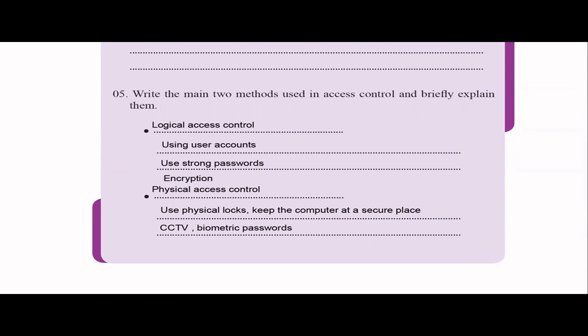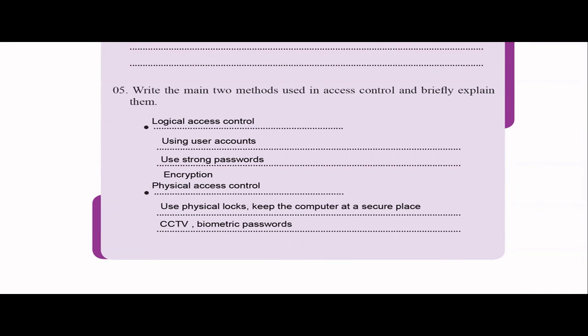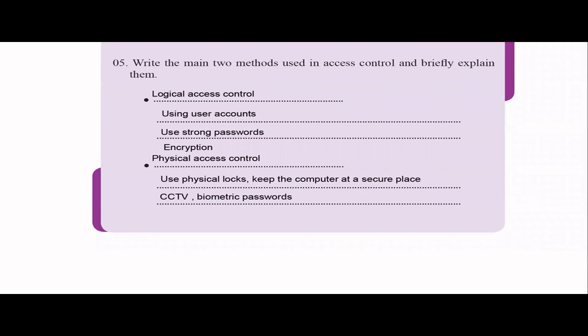So we have mainly logical access control as well as physical access control. Physical access control means you use physical locks, you have a security guard, you have CCTV cameras, and you keep your computer in a locked environment. Right? Sometimes biometric passwords are used.